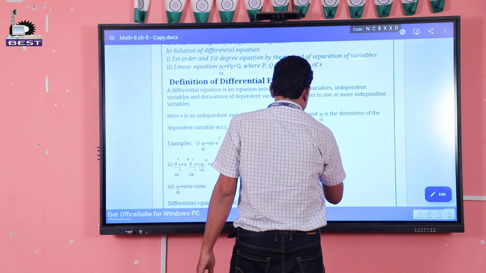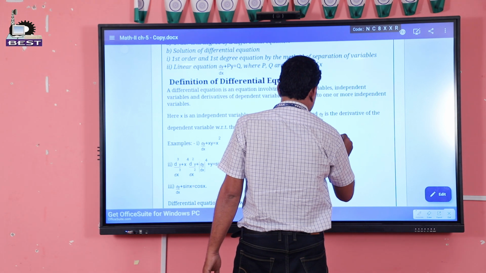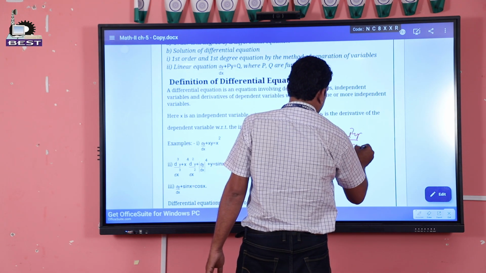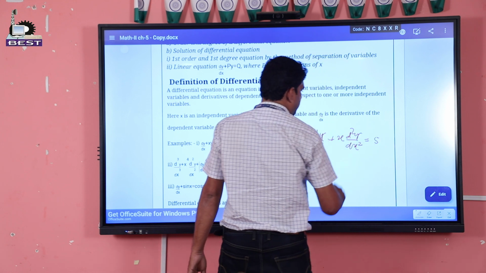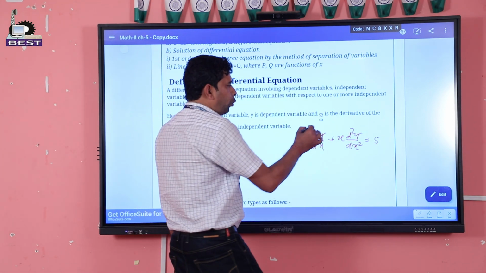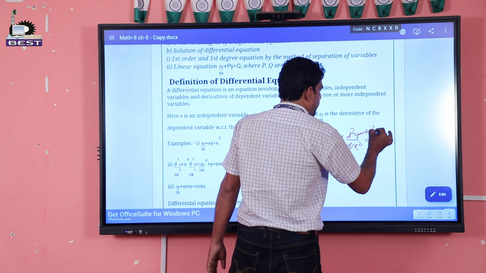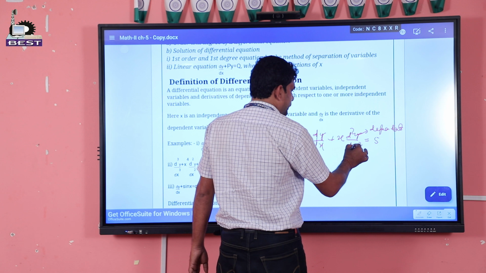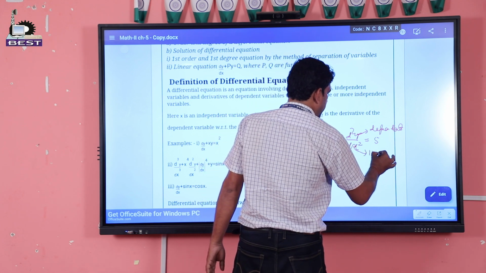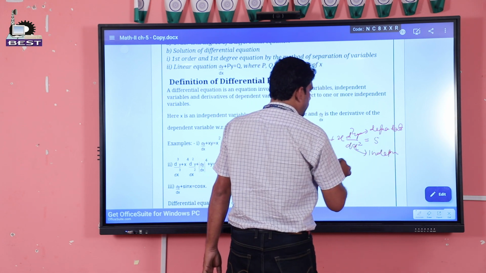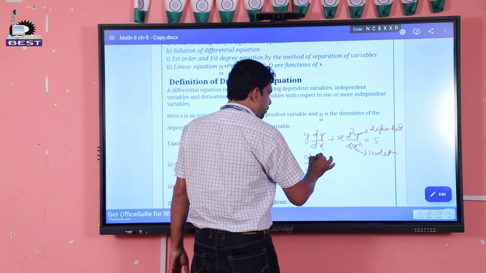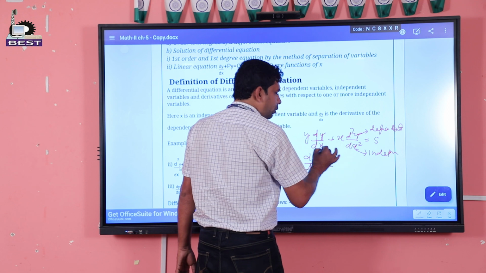y dy by dx plus x d square y by dx square equal to, let it be, 5, where y is the dependent variable, x is the independent variable, and dy by dx is the derivative of y with respect to x.